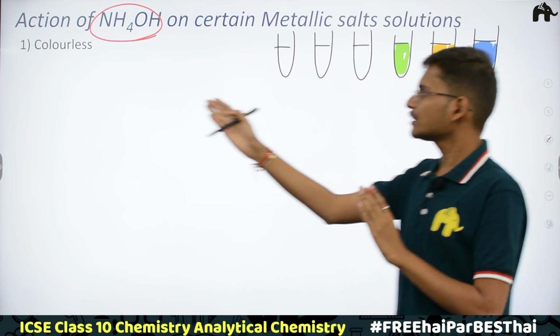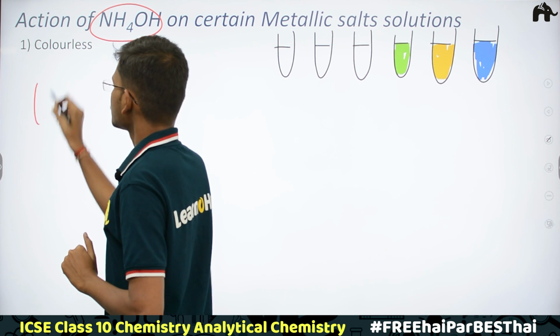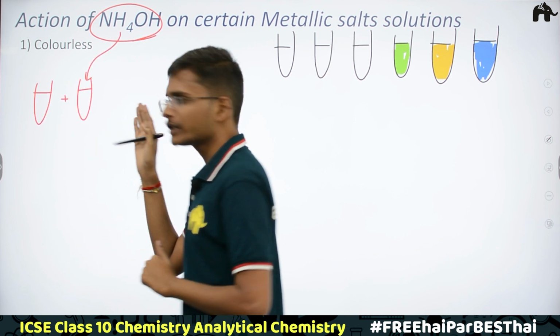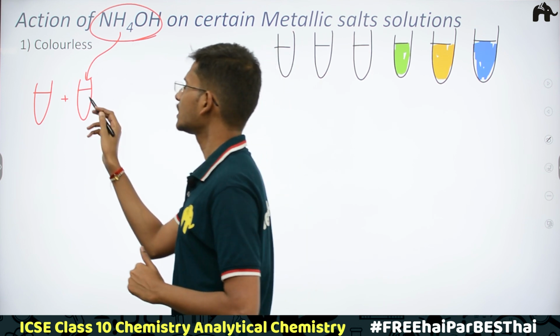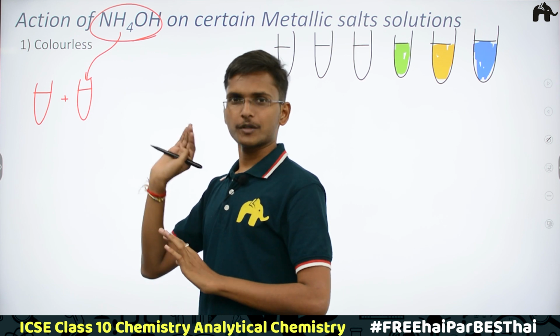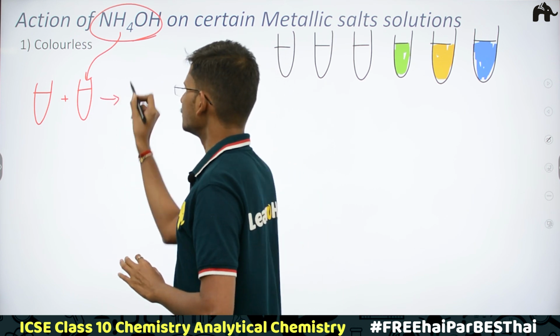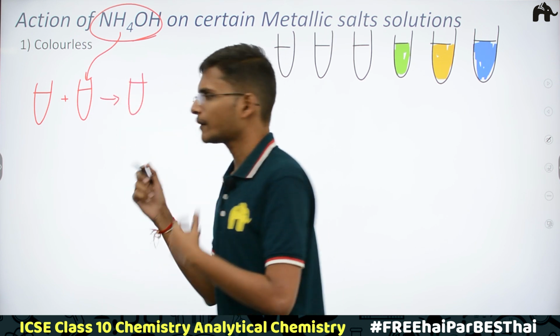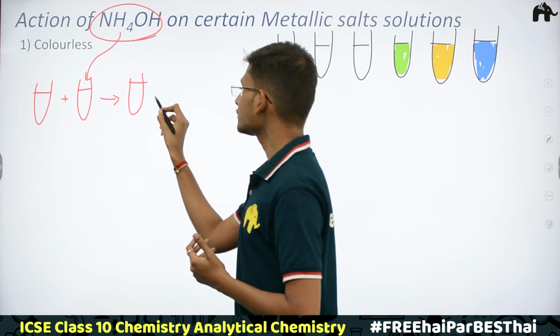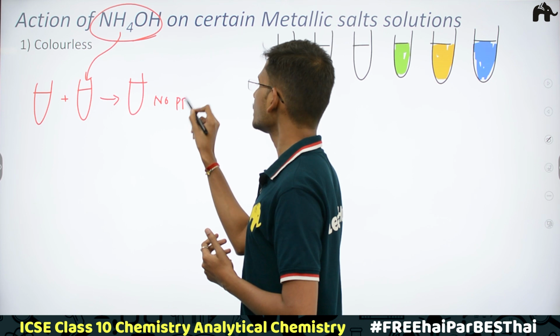First colorless solution: same way, I'm going to add this colorless NH4OH solution into this first colorless metallic salt solution, and what I observe is I'm again getting a colorless solution, and there is no precipitate formed.